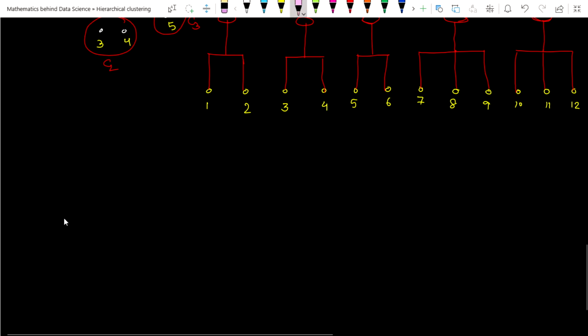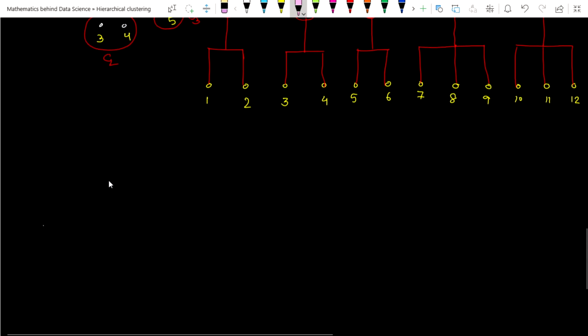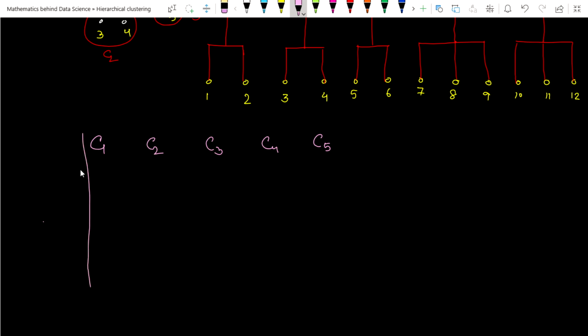Now our clusters look like this. For these 5 clusters, the proximity matrix will have C1, C2, C3, C4, C5. This is cluster 1, cluster 2, cluster 3, cluster 4, cluster 5.